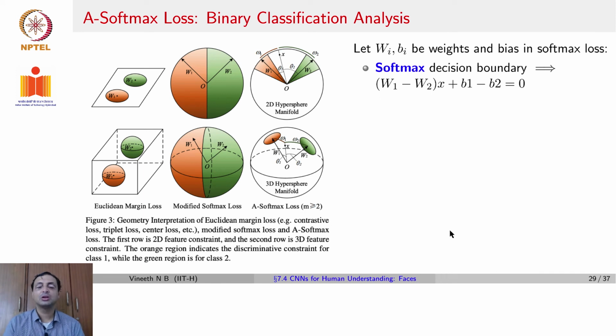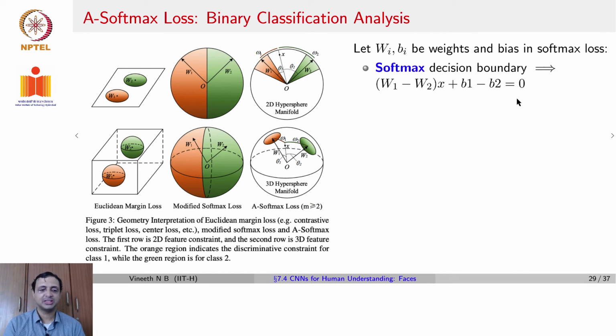So here is another visualization from the same paper. The softmax decision boundary can be given by W1 minus W2 x plus B1 minus B2, taking the activations from two different classes. Remember, you're going to have multiple classes in that last layer. We are considering two classes, and the weights corresponding to them are W1 and W2.